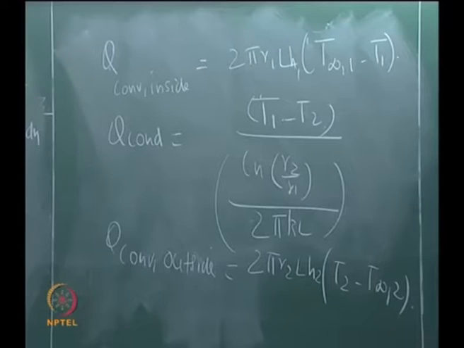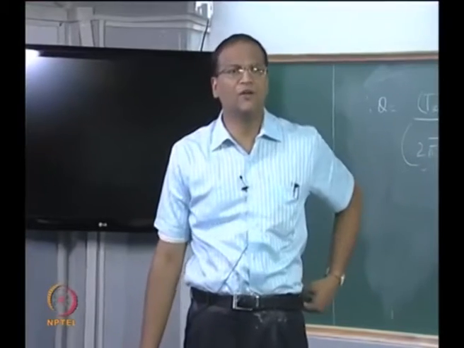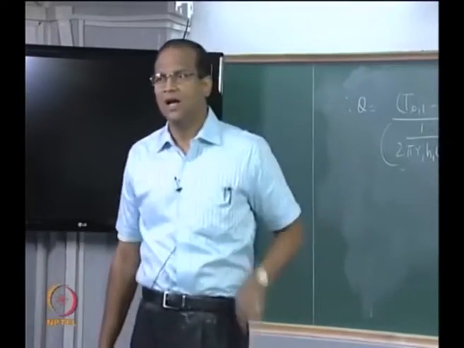So now we use the dividendo componendo rule and say it is the same Q which is coming outside, from inside to outside, the same Q. Therefore, using the dividendo componendo rule, we can add the numerators and denominators separately, and the resulting expression will still be equal to the Q which is occurring across the tube.